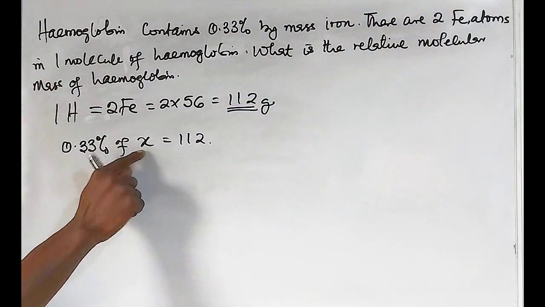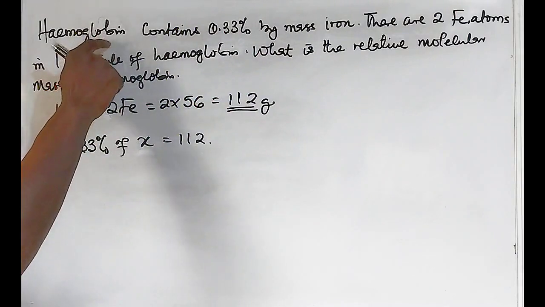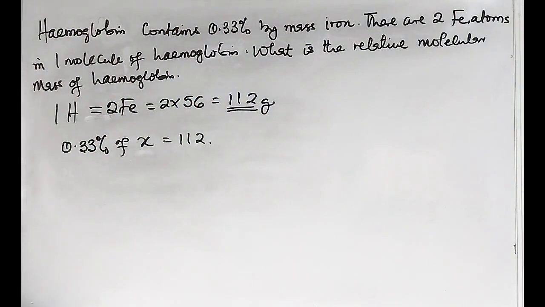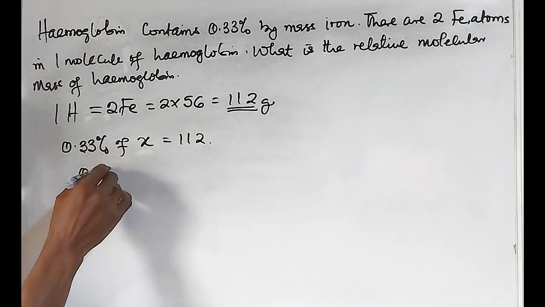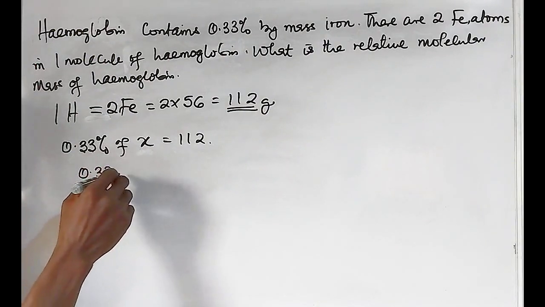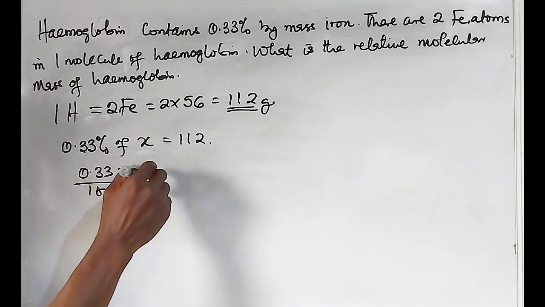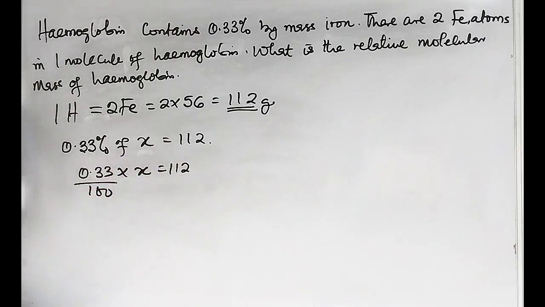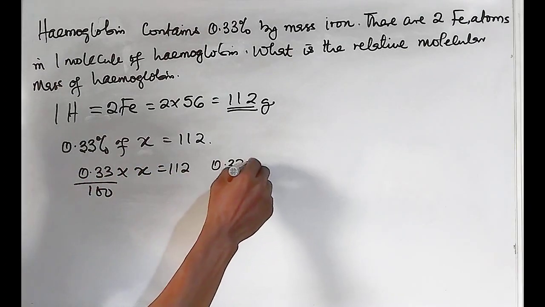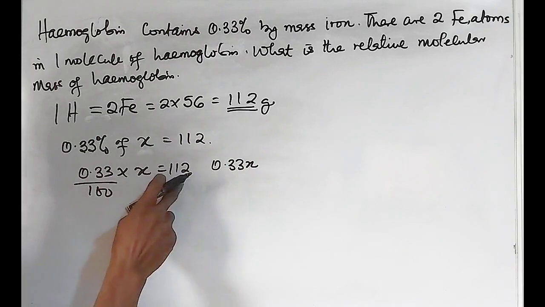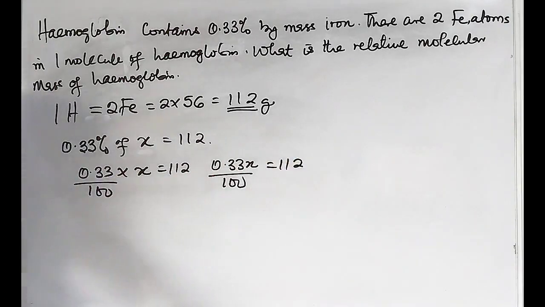So now we don't know, this X here represents the relative molecular mass of hemoglobin. So to this effect here, this is simply saying 0.33 all over 100 times X equals 112. To this we can multiply by 100, so 0.33x equals 112 times 100.